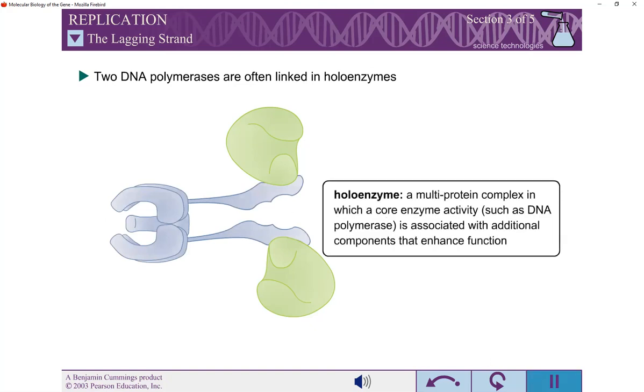How do two DNA polymerases remain linked and yet synthesize DNA on both the leading and lagging strand? In what manner are they linked to each other? That we will have to see.